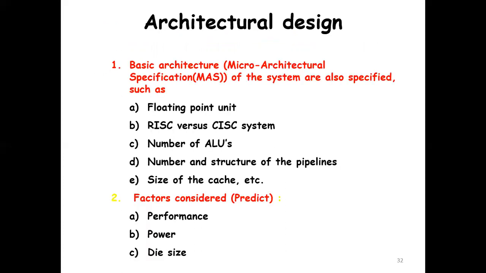Now the next step, this is very important. After the system specification, we come to the architectural design, which we call the microarchitectural specification, or in short the micro-architecture of the system, is also specified here. That means the processor you make, does it have a floating point unit? What about the RISC versus CISC system?